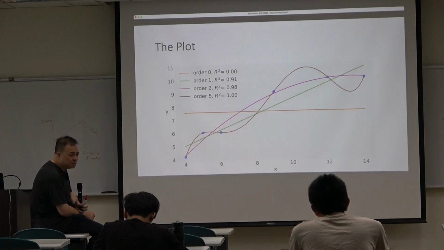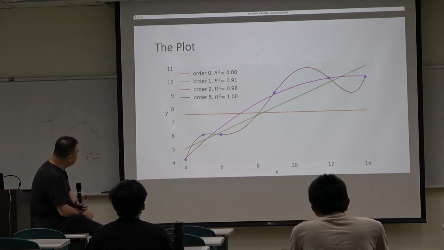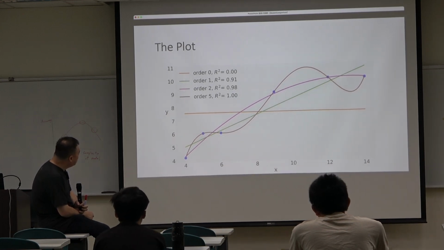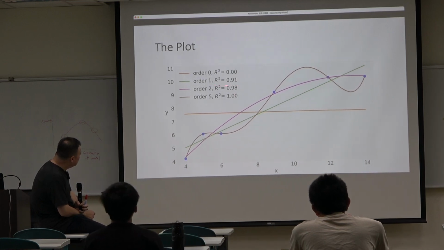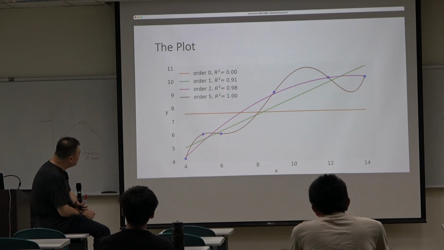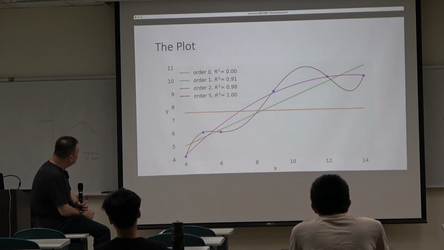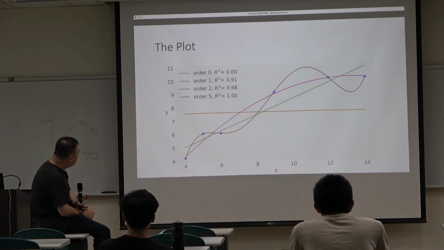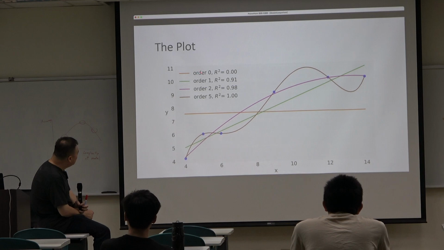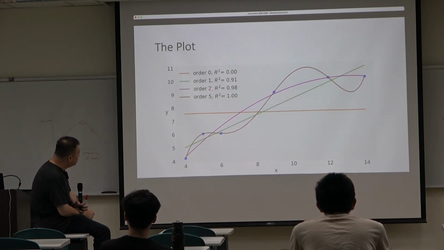Also, you see that when the order changes from 1 to 2, the R squared value also increases. But obviously, the increase of R squared is much more dramatic between order 0 and order 1 than between order 1 and order 2.